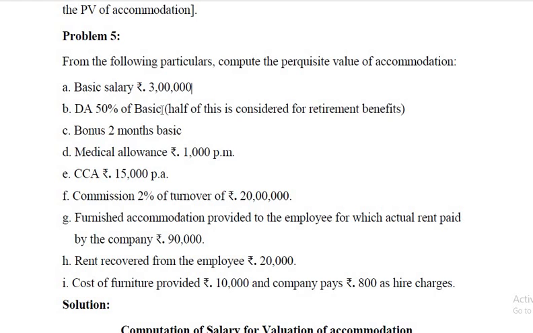For your information, DA has to be taken for salary, in the computation of rent-free accommodation, only if it is considered for retirement benefits. Supposing nothing is given within the bracket, then DA is not at all to be considered. Yes, so only that part of DA which enters into the computation of retirement benefits has to be included in salary for the valuation of accommodation.